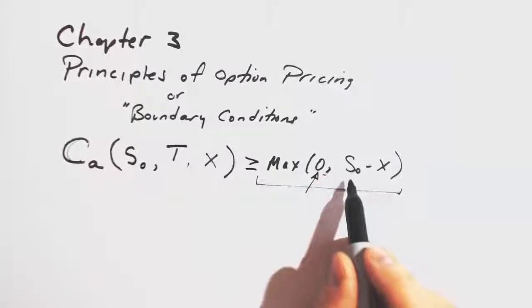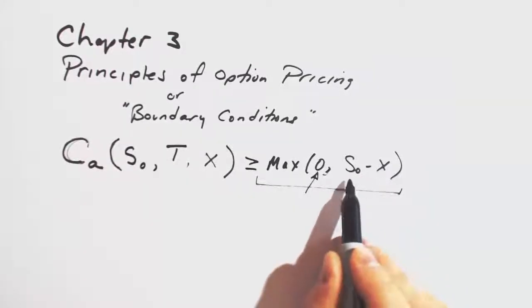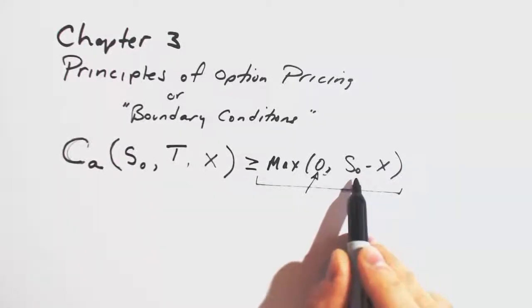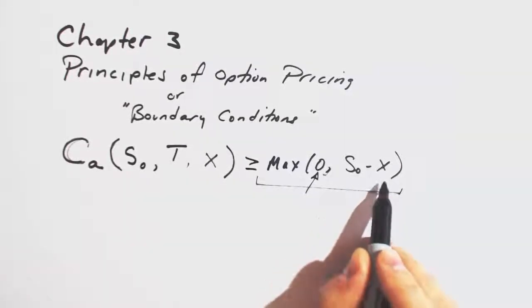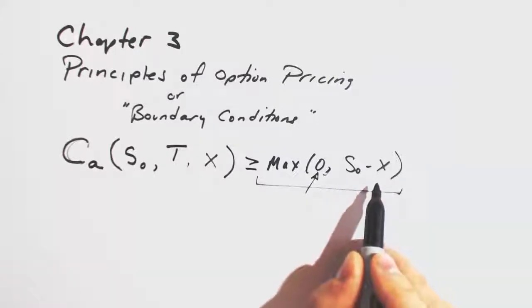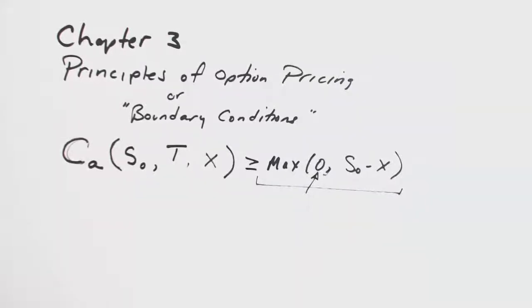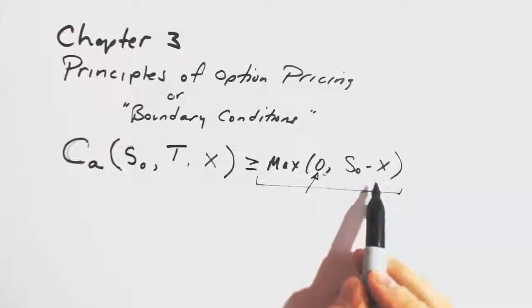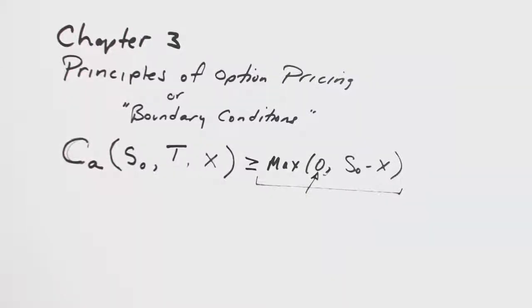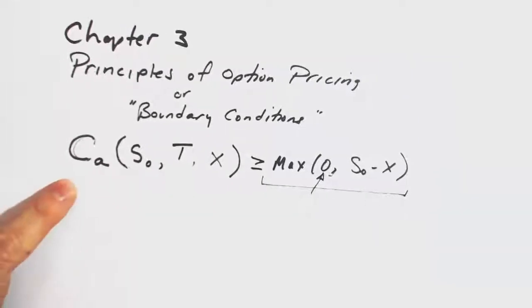Then there's a comma, and then it says S minus X. If the option is in the money, then the intrinsic value is going to be S minus X. So the minimum value of an American option is either going to be 0 if it's at or out of the money, or it's going to be worth the difference between the stock price and the strike. That is the lower bound on an American option. We'll discuss in a few minutes the lower bound on a European.